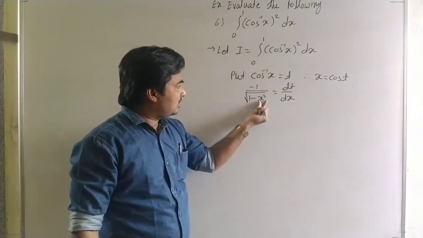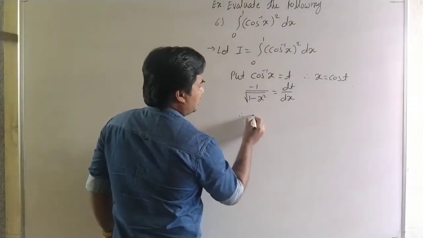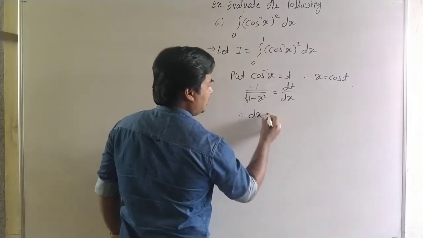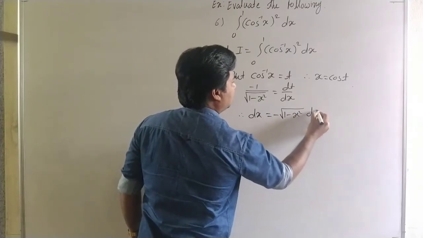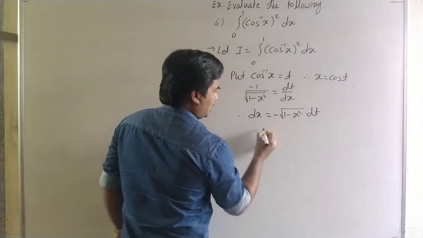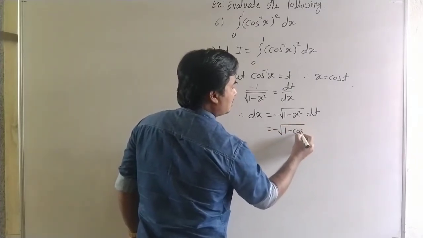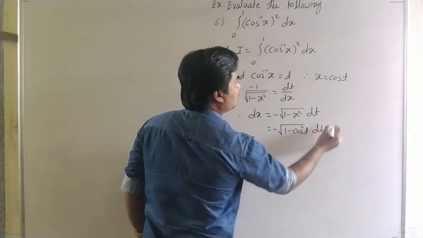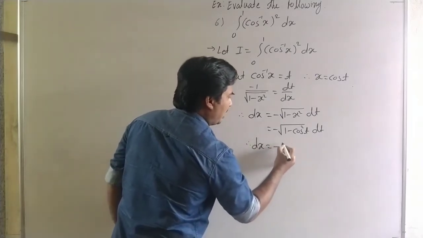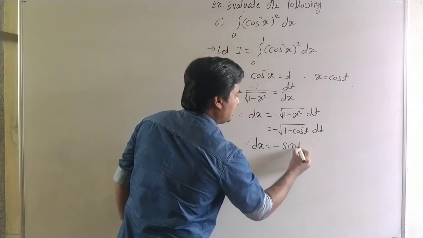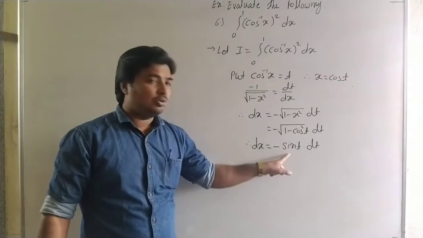Therefore dx is equal to minus under root 1 minus x square dt, which is minus under root 1 minus cos square t dt. Since x is equal to cos t, dx is equal to minus sin t dt, because 1 minus cos square t is sin square t, and under root it is sin t.